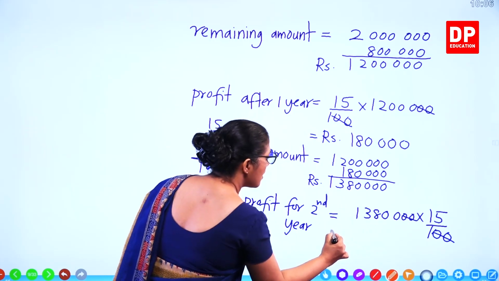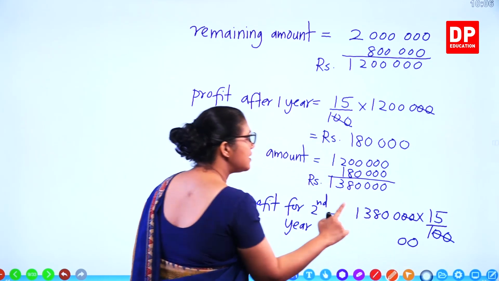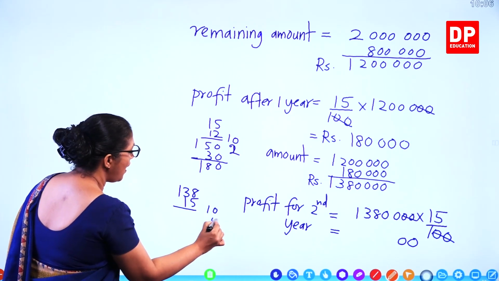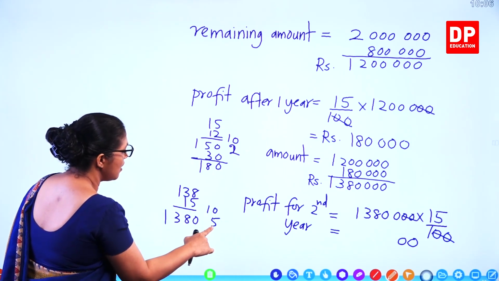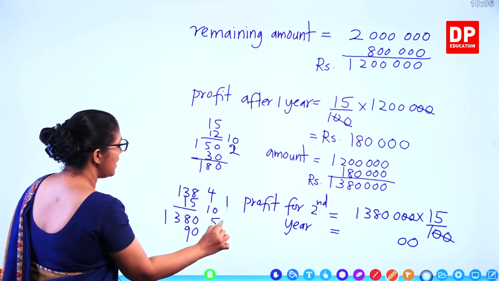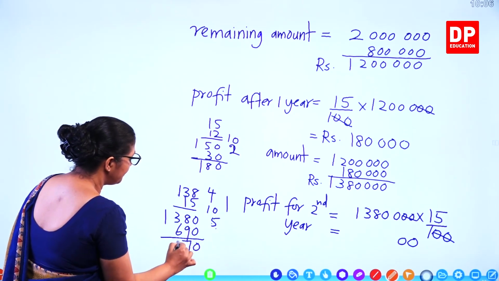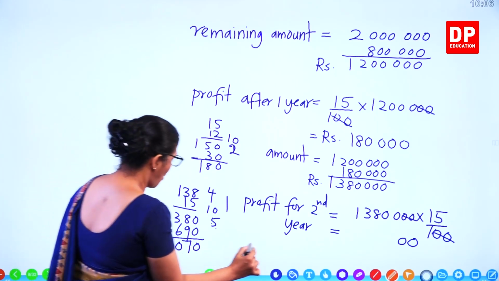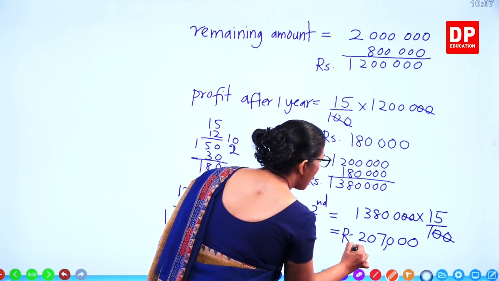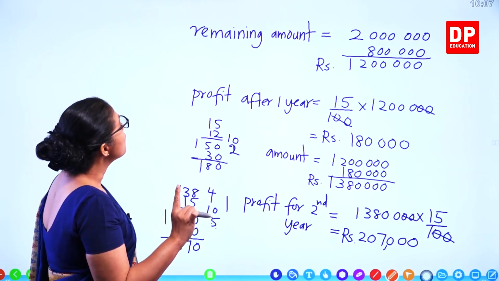2 zeros. So we'll put 2 zeros here and 138 into 15. 5 times 8, 40, and 5 times 3, 15, plus 4, 19. 5 times 1, 5, plus 1, 6. 207,000 is the profit after the second year.